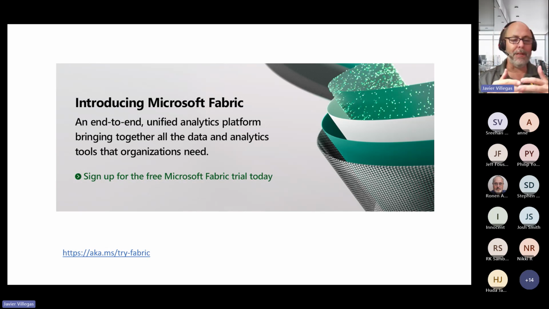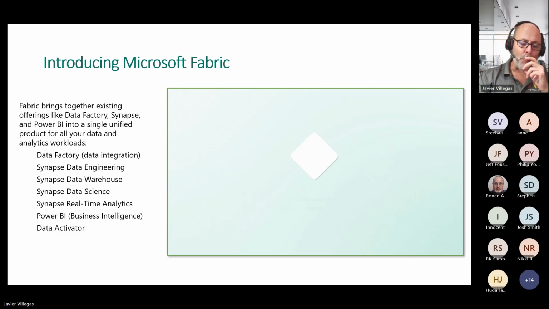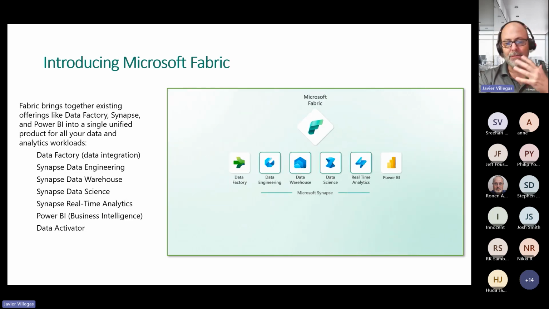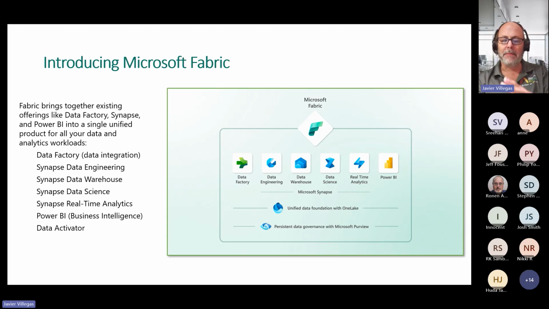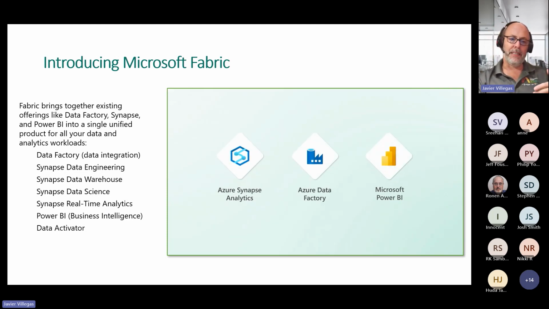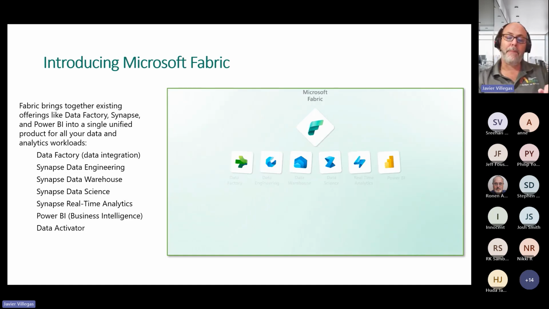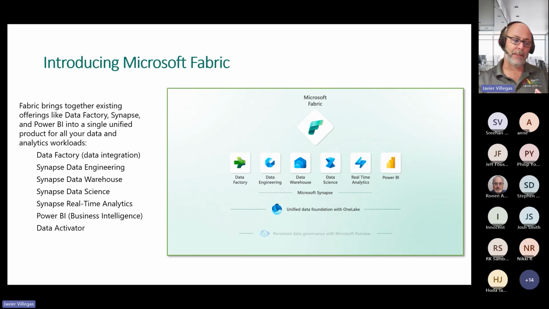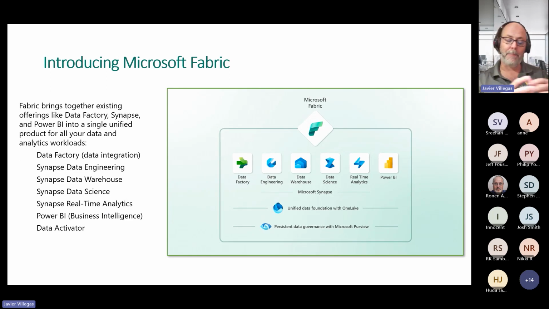So let's go a little bit inside and see what it is, right? When we talk about Fabric, in some sense, we are not talking about new things. In some areas, there are new things, but I would like to introduce Fabric by doing a comparison, right? Nowadays, we have a great productivity tool that a big chunk of the planet is using, which is Microsoft Office, right?